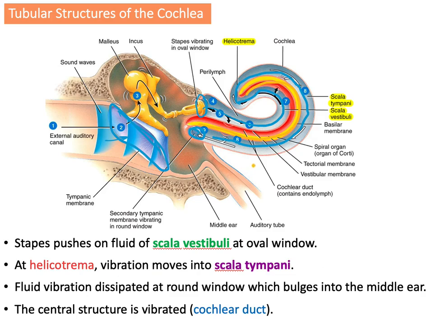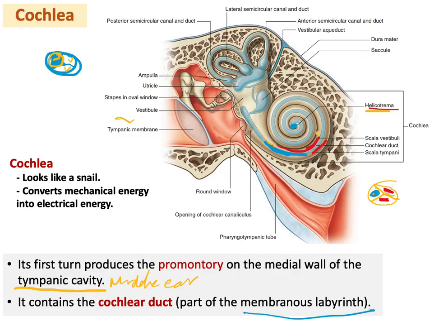When the fluid moves from the oval window in the perilymph all the way and back around, the target is this duct in the center. So the cochlear duct, or scala media, is the target. They vibrate the sensors there.